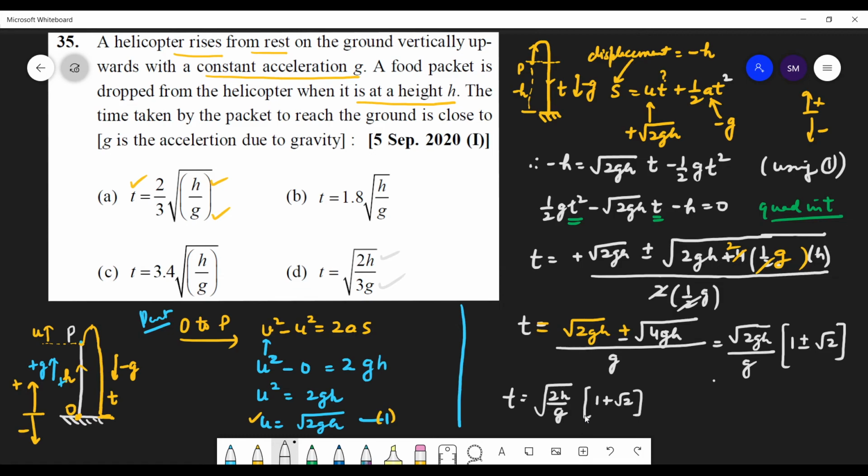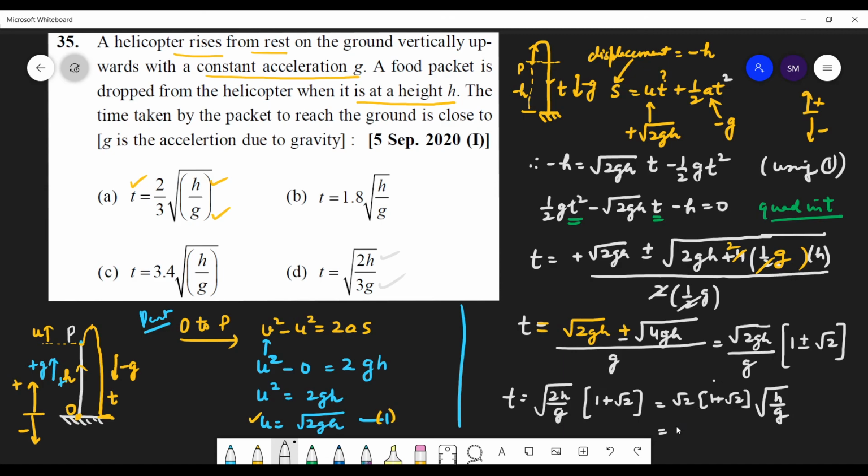into 1 plus √2. So what can be the option? Under root h by g. So what is it, students? So this is √2 into, we have to multiply actually √2 with 1 plus √2 into under the root h by g to get the real answer.